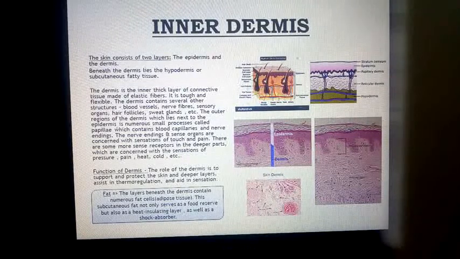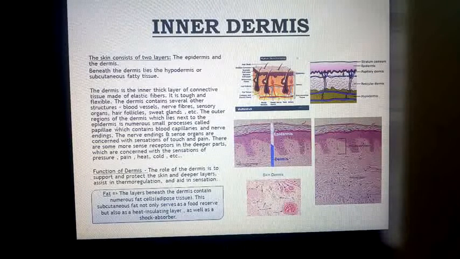The skin consists of two layers, that is epidermis and dermis. Beneath the dermis lies the hypodermis or subcutaneous fatty tissue. The dermis is the inner thick layer of connective tissue made of elastic fibers. It is tough and flexible.